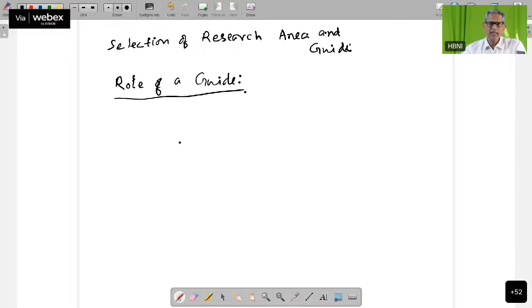And initially the guide is more knowledgeable than the student.